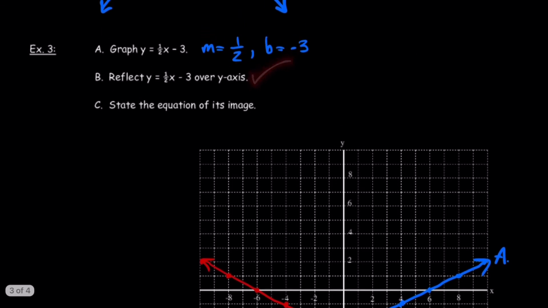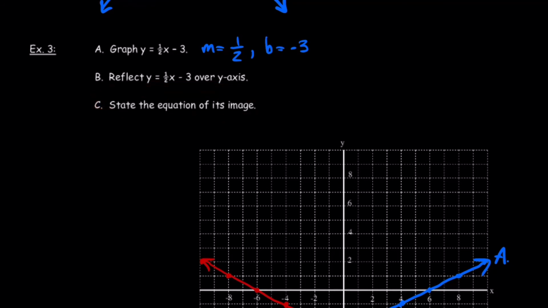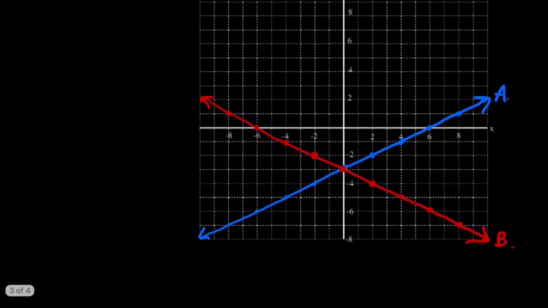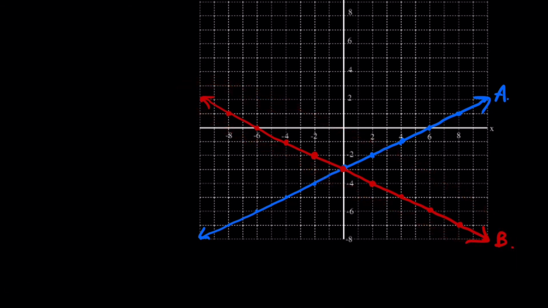Now this part's a little bit challenging. It says state the equation of its image. So basically I want the equation of this red line here. All right, well, what do we know? I know the y-intercept is negative 3. So b equals negative 3. Now how about our slope? This is what we're doing.